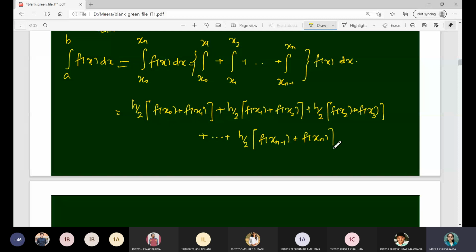So if you observe, h by 2 is the common quantity, whereas except the endpoints, that is x0 and xn, all intermediate function values occur twice. x1 is an intermediate value and occurs twice. f of x2 also, and x3 will come in the next bracket when you write it. The function value at xn minus 1 you will get once in its preceding bracket, and the preceding bracket would be h by 2 times f of xn minus 2 plus f of xn minus 1.